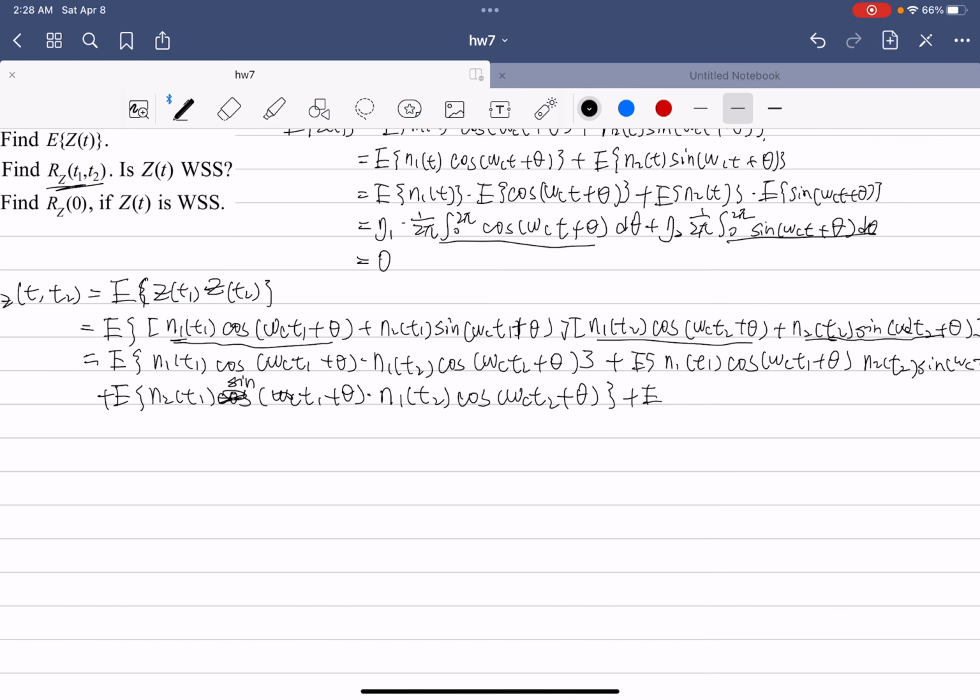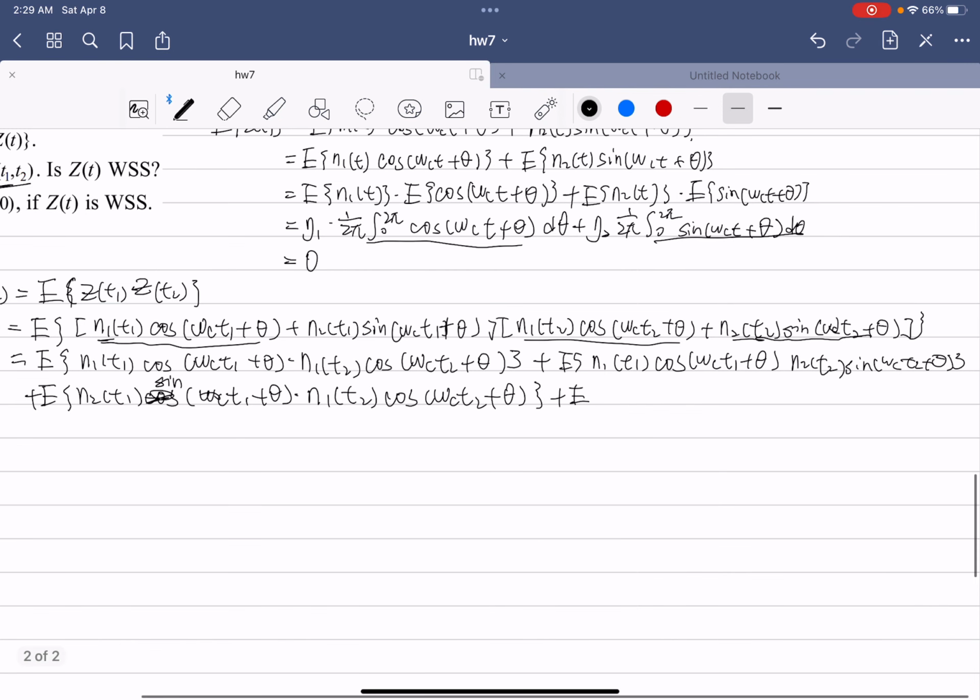Then plus the second part on the left, which is N2T1 sine omega ct1 plus theta times N2T2 sine omega ct2 plus theta.